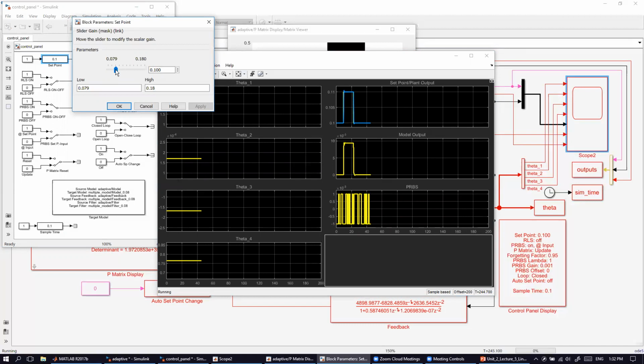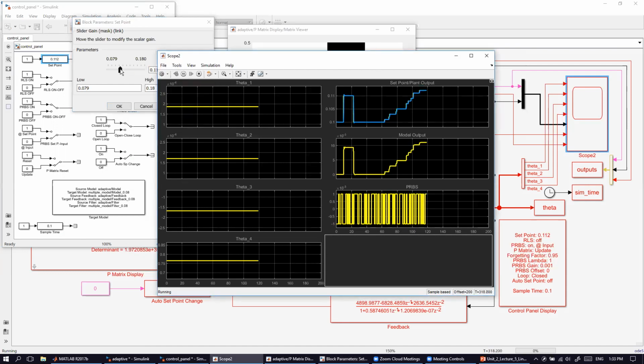Yes. Right. Okay, now I am going to change the set point to a different value, like this. So our concentration is asked to be something different, right?